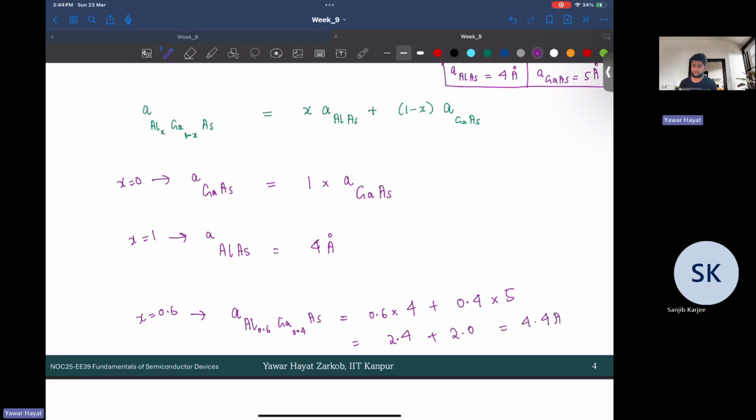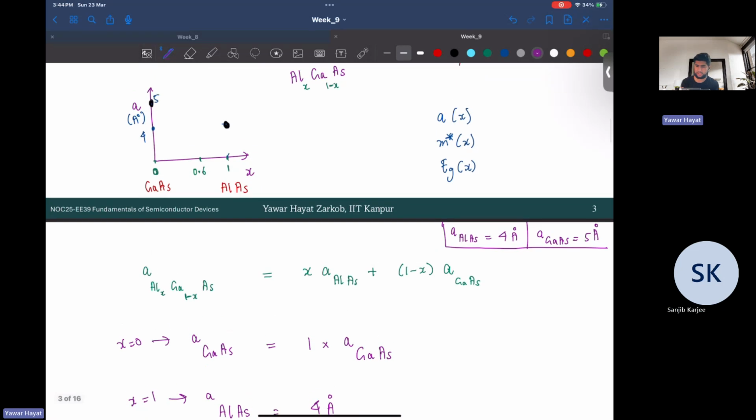4.4 angstrom. Okay, so you'll say that this would be 4.4 somewhere here. Is this clear? Yes, sir.